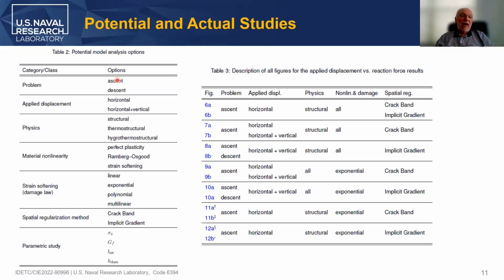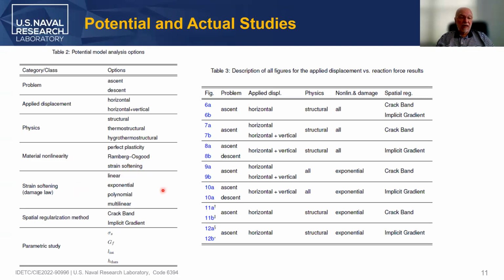So on the left here, you see a table that shows you all the potential problems that we can actually solve with this framework. We have a problem of ascending and descending that affect the boundary conditions. We have an applied displacement that can be horizontal or vertical or both. We can have the physics that can be structural, thermostructural, or hygrothermal-structural. We have the material nonlinearities coming from plasticity.